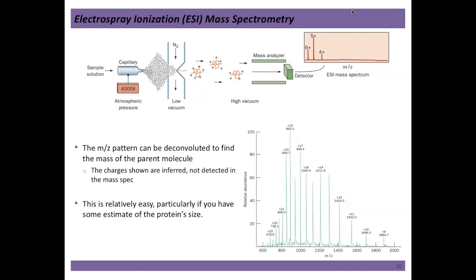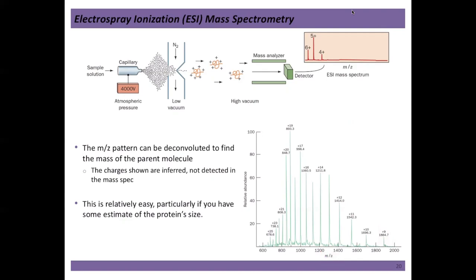The math is kind of beyond what we're going to do, but since it does have this regular pattern, you can kind of figure out, from the difference between these peaks, how many charges are on the protein. And so if this has a +9 charge here, this is the mass to charge ratio.